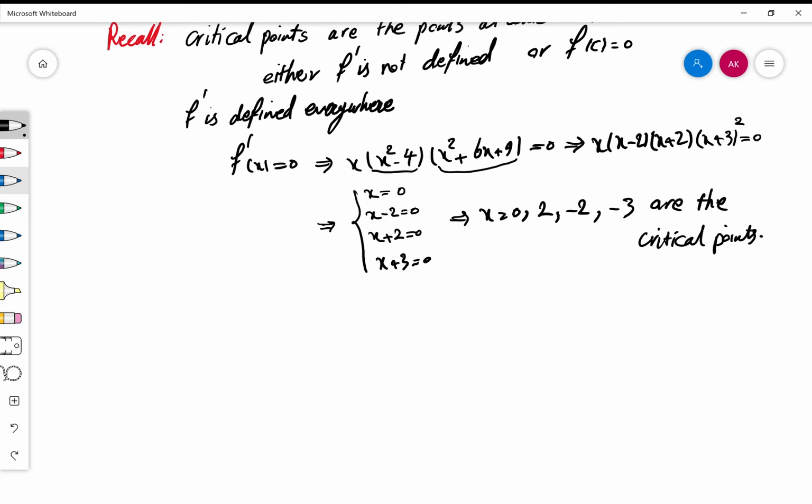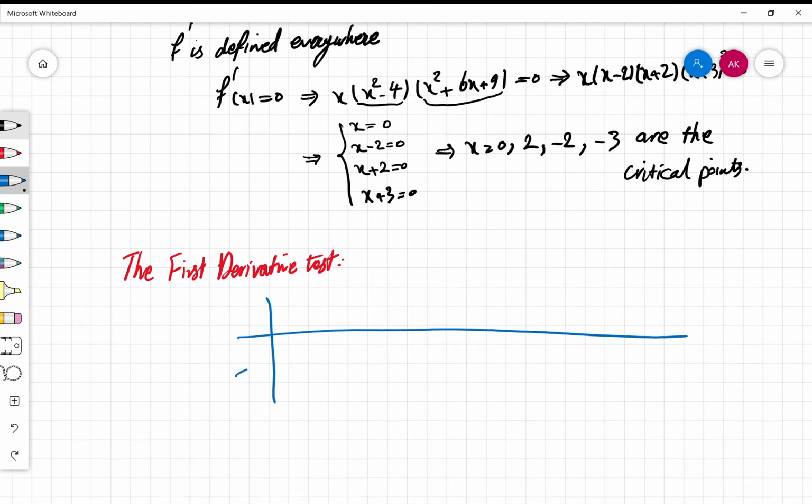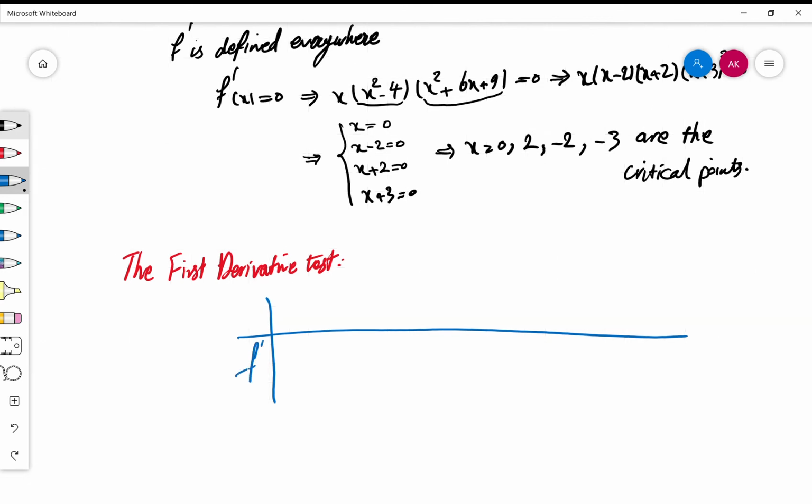But when you have critical points, you can use the first derivative test to determine what kind of points those are. For that, we need to write down the sign table of f prime. Here we have negative infinity, negative 3, negative 2, 0, 2, and positive infinity.